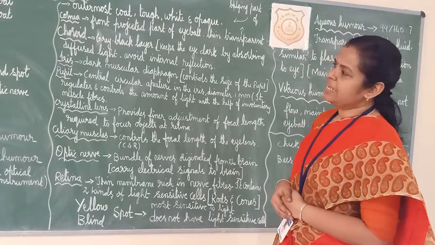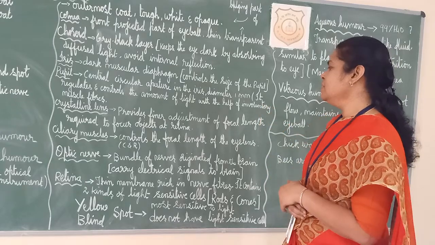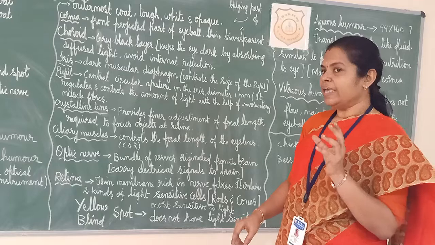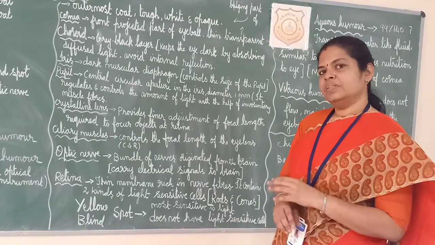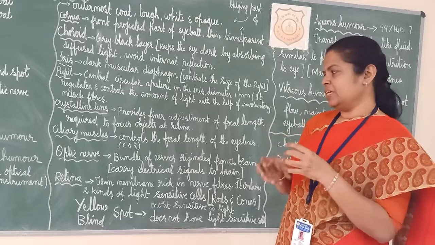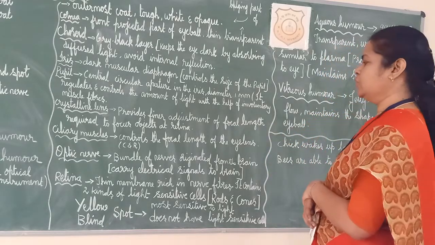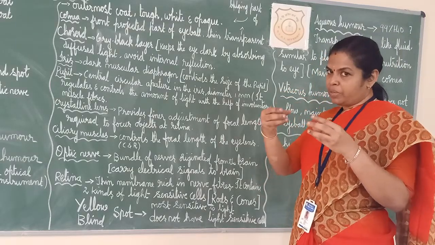The next one is ciliary muscles. Ciliary muscles are the muscles which are holding the lens, I said. What is the function? They control the focal length of the eye lens. Controlling means, what is the control? They will contract and relax so that adjustment will happen. The next one is the optic nerve. Optic nerves, the bundle of fibers which are coming out, no?